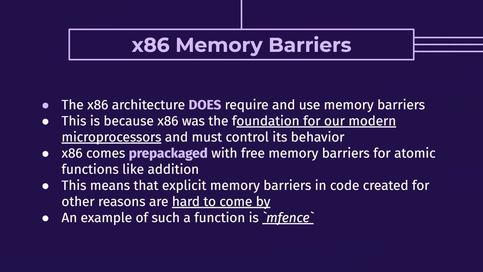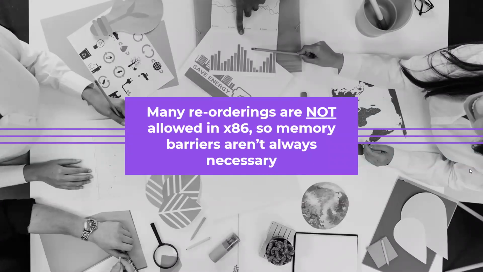An example of a prepackaged memory barrier is called mFence, and that comes inside every x86 processor. Many of these reorderings are not allowed within the x86 architecture because they break the rules. So these memory barriers aren't always necessary, but when they are used, they are very important.